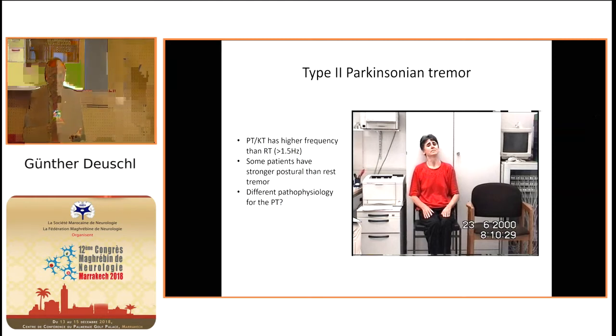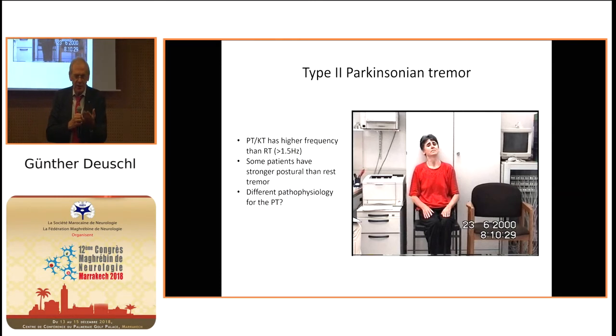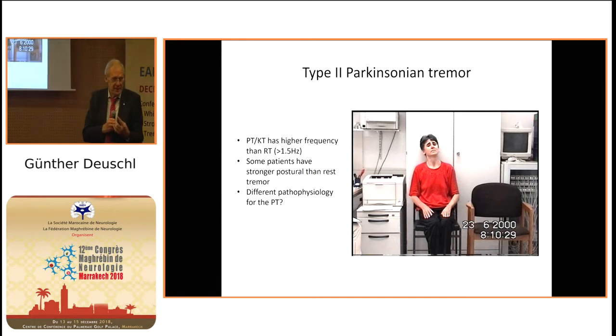What I do is I always want to know whether it is really a dopa-sensitive tremor, and sometimes I have patients where I go up to 1,000 milligrams. But it is not a permanent treatment then.